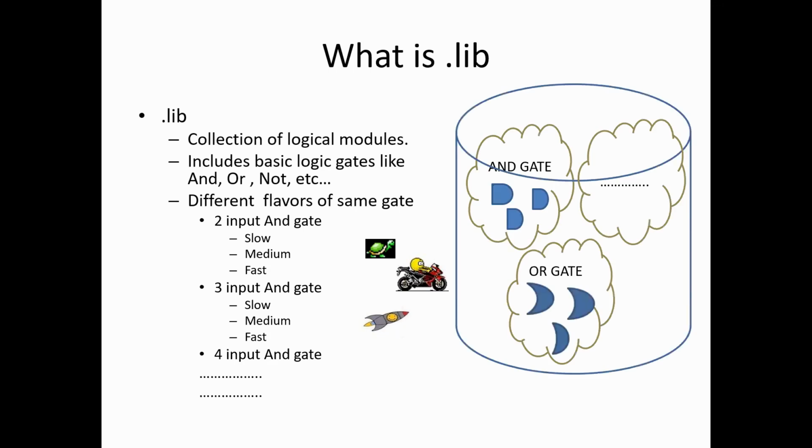So a .lib is just a collection of all these standard cells, different flavors of the same standard cells, different functionalities of standard cells like AND gate, OR gate, XOR gate, inverters, whatever it may be. It may not be exhaustive of all the gates you want, but it will be rich enough to implement any logic functionality.